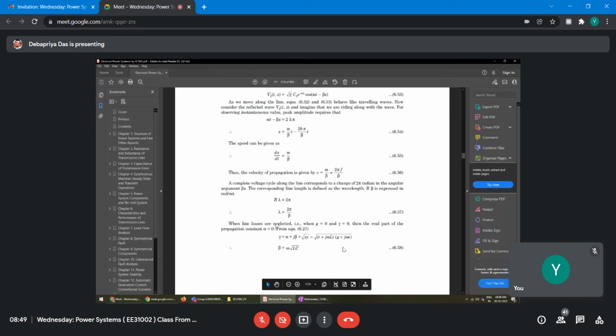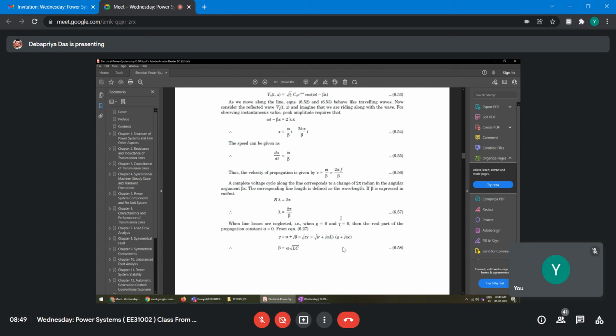Now when line losses are neglected, gamma is equal to alpha plus j beta is equal to root over zy, which is root over r plus j omega l into g plus j omega c. So line losses neglected, r is 0 and g is 0.